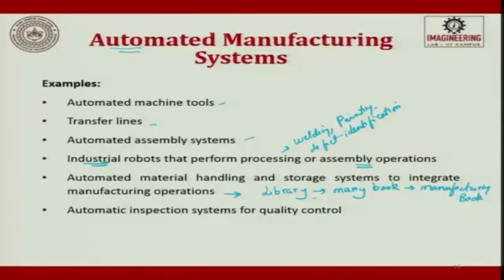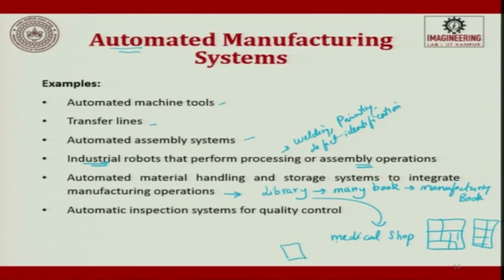Another example which I would like to give for this library is a medical shop. I do not know how many of you have gone to a medical shop and you see there are so many racks, and in each of those racks there are maybe thousands of medicines available. When you go with a prescription, the pharmacist exactly goes to the location, pulls up that and comes and delivers to you.